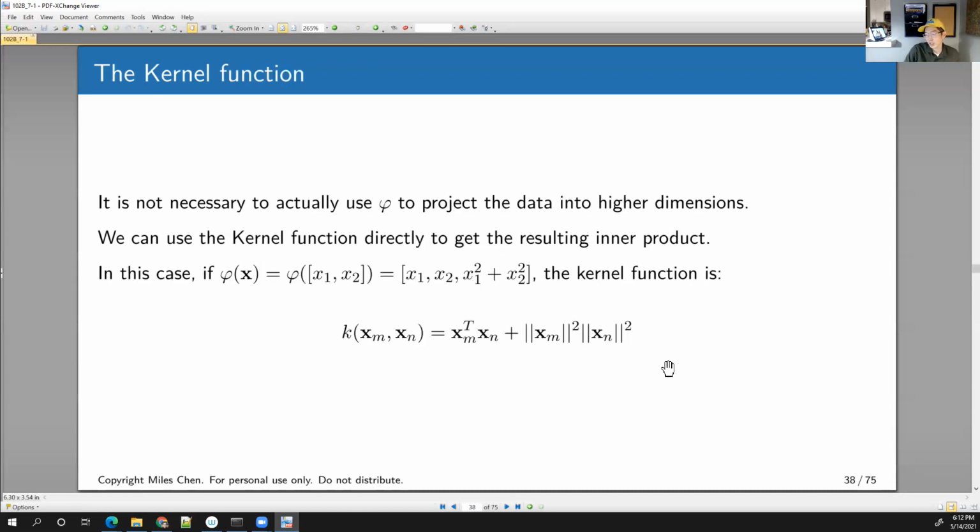You can get that same number, that 58 or whatever it is, by just computing it this way. Okay, so it's not actually necessary to use this transformation function phi to project from 2D into 3D. You can use the kernel function directly to get the resulting inner product here.